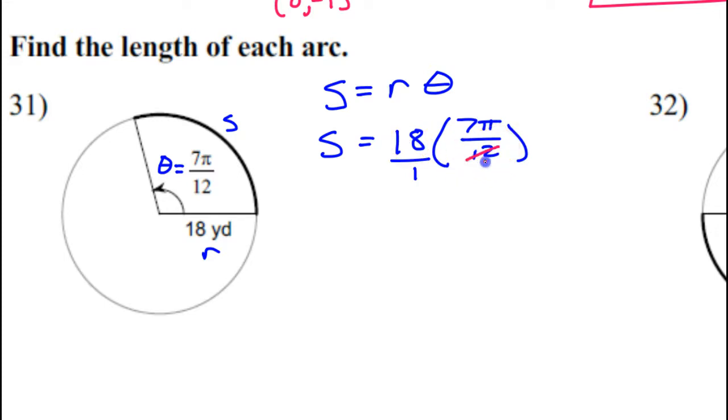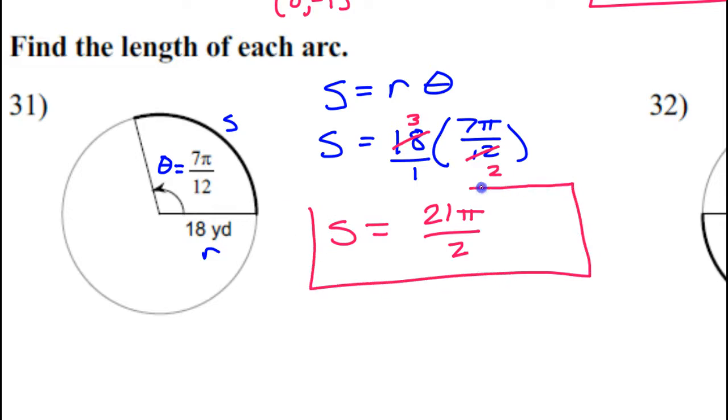So divide 12 by 6, that's 2. Divide 18 by 6, and that's 3. So that gives us that the arc length is 21 pi over 2. See, now I multiplied 3 times 7, so that's 21 pi over 2.